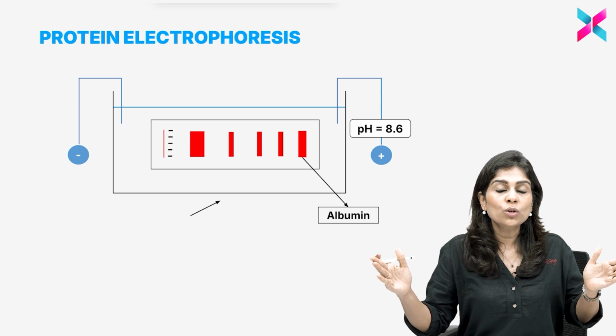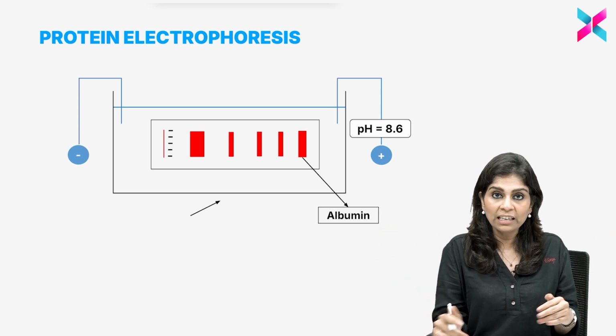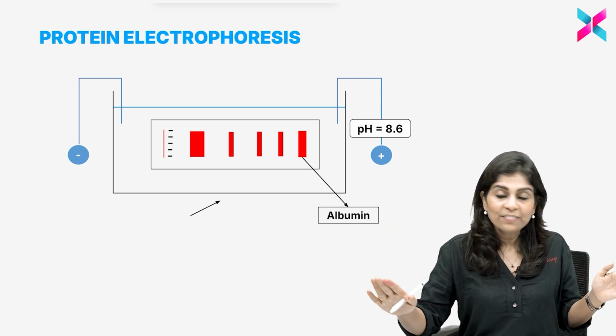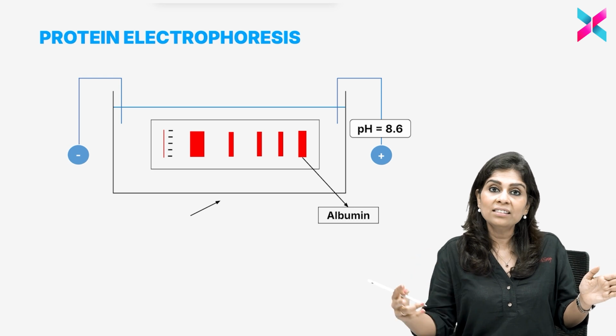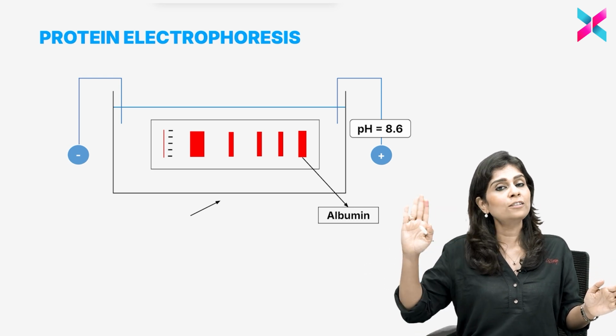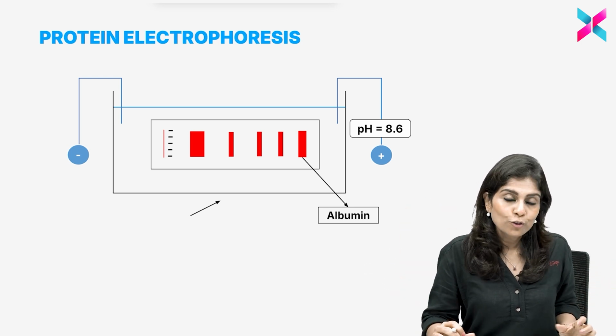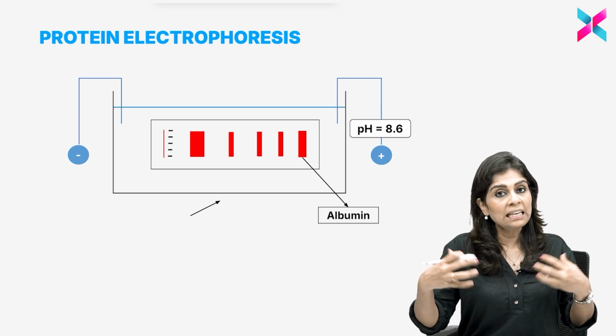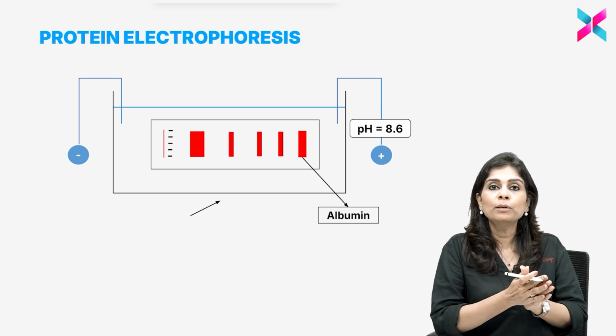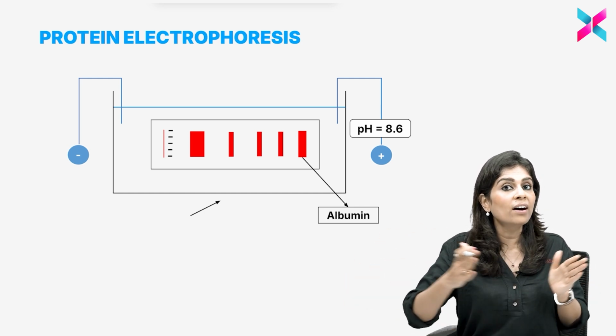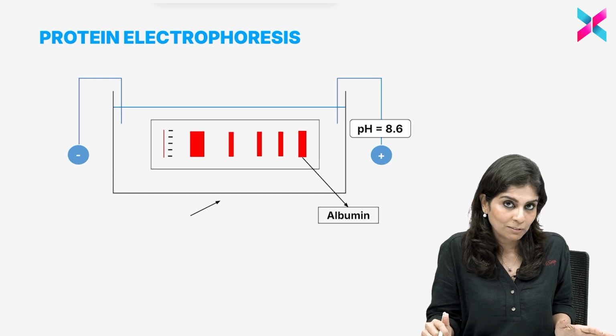Because albumin has got the least molecular weight, it can move the fastest. That's not the only reason. The other reason is albumin has got the highest number of negative charges. So more negative charges, very little molecular weight. That is why albumin moves the fastest and is present farthest from the point of application.